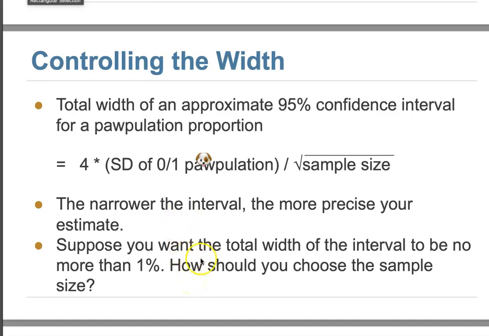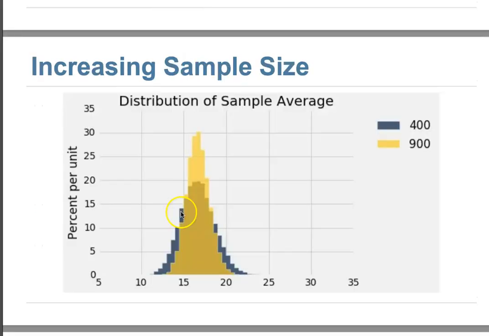Let me see if we can see the picture. Yeah, of course, this one is the sample average distribution, but it is a similar concept. If our sample size is bigger, then your bell curve will be narrower, right?